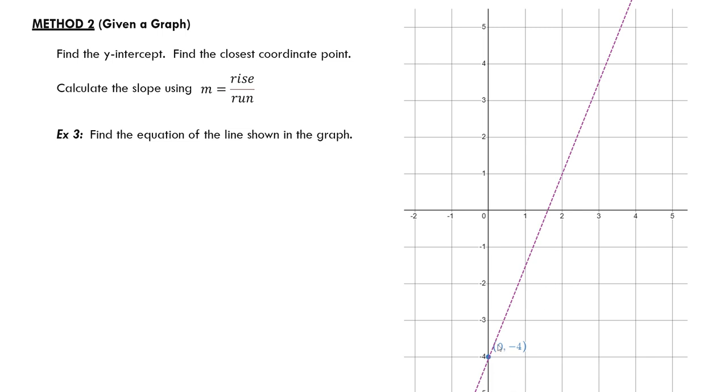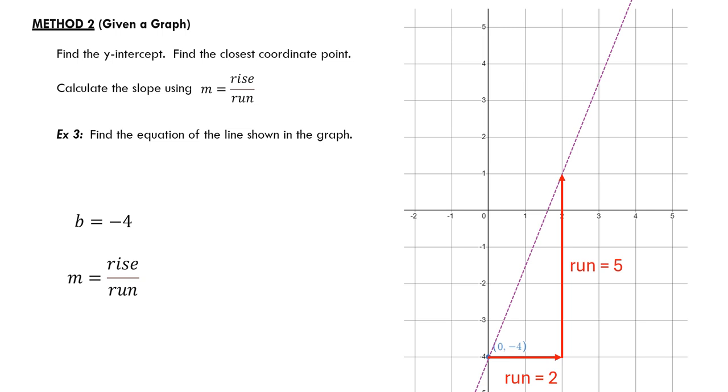So we'll start with our run from this point right here, and then we'll do our rise from there. So now we can see that our rise over our run is 5/2, which tells us our slope.